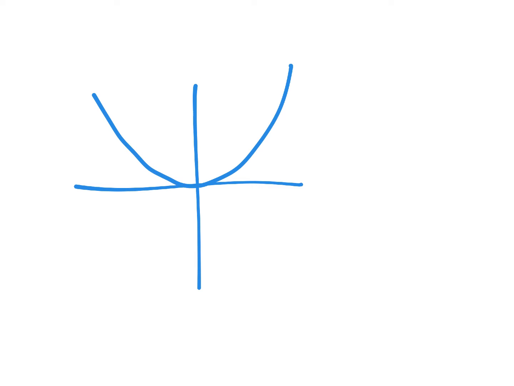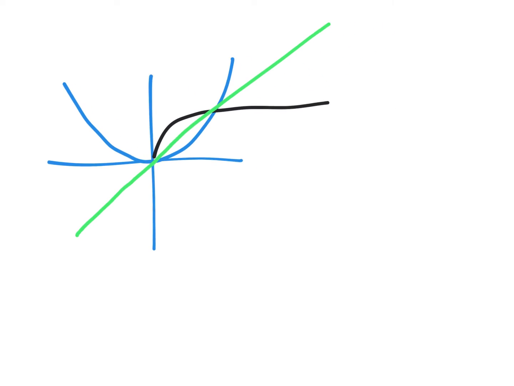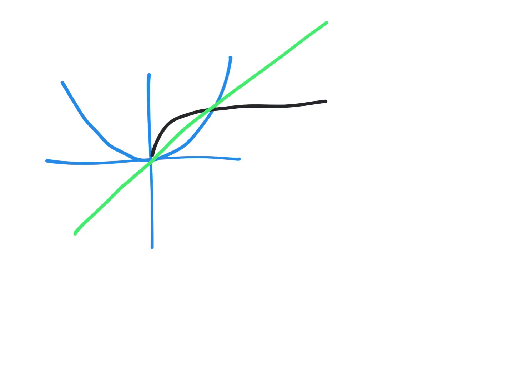1 graph, 2 graphs, 3 graphs, and interesting question. What 2 points have been on every graph? Name one of the 2 points that's been on every graph.